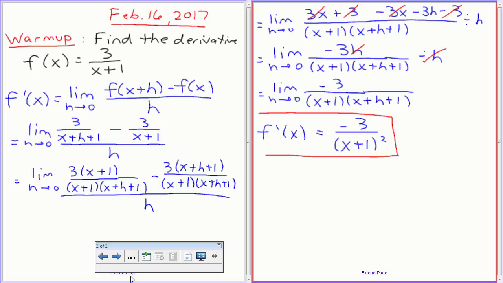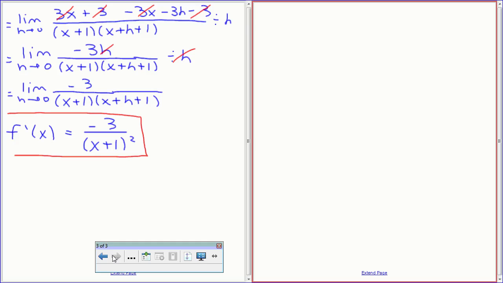It's 28. Would you like me to do A or B? It doesn't matter. 28A, sounds good. So this is page 62, number 28.